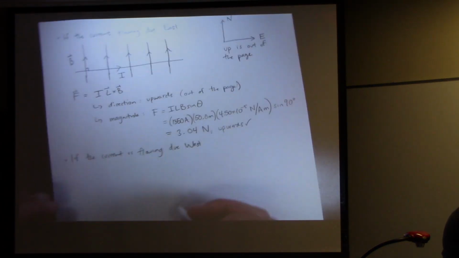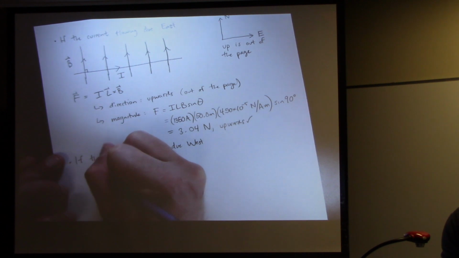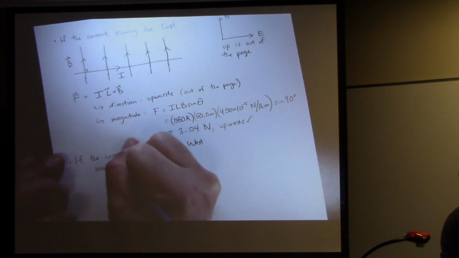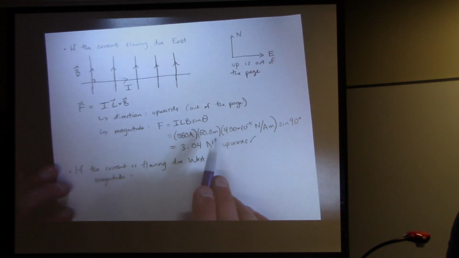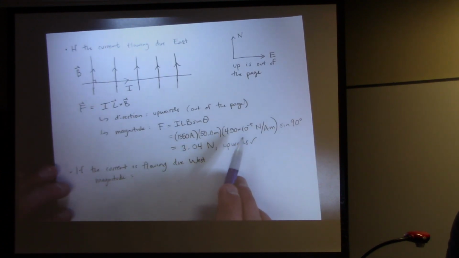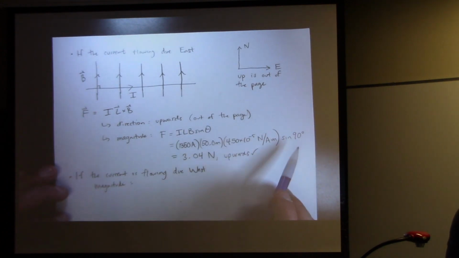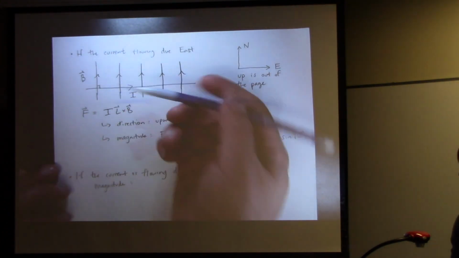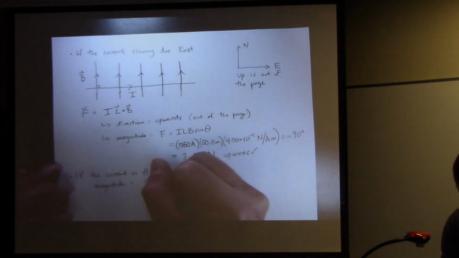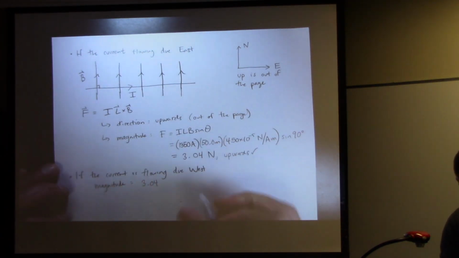As far as the force goes, the magnitude is exactly the same, because we still have the same amount of current, the same length of wire, the same strength of the magnetic field, and there's still a 90-degree angle between the current and the magnetic field. It's just the current's now going west instead of east. So the magnitude of the force is exactly the same as before.